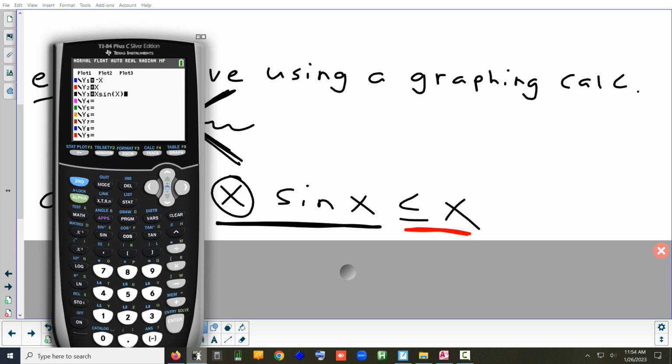Okay, so let's do zoom 7. There's your negative x. There's your positive x. And there's your variable vertical stretch, which you can't see that well. So let's zoom out. Negative x, positive x. It's staying within those bounds.